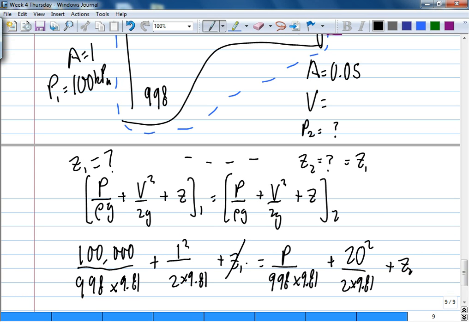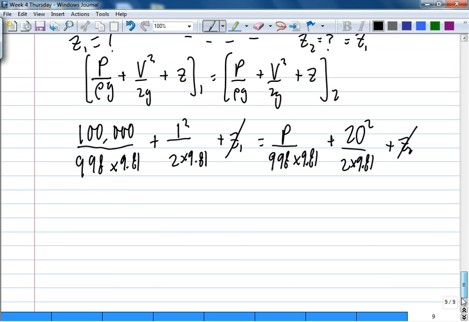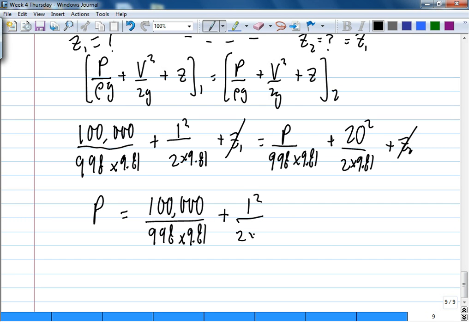Z1 and Z2 are equal, so they can cancel off. So the pressure equals 100,000 divided by 998 times 9.81 plus 1 squared on 2 by 9.81 minus 20 squared on 2 by 9.81.